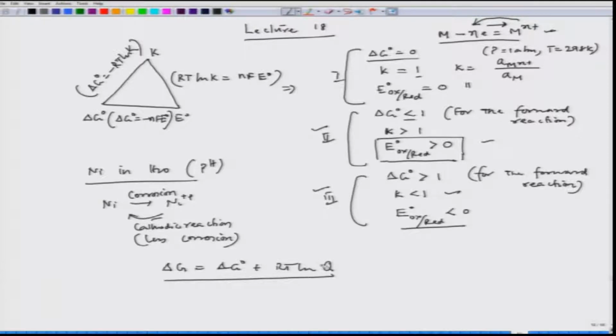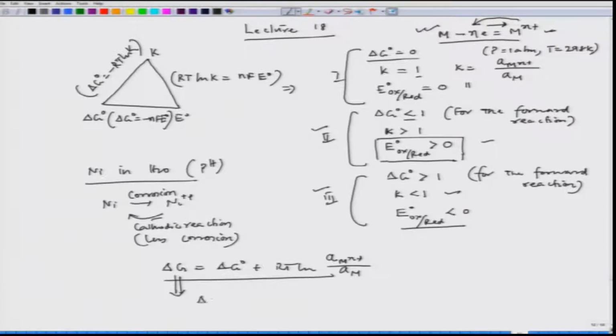So, Q can be written in the form of the activity of N plus over the activity of M. So, we are talking with reference to this reaction. So, there we have a non-standard free energy change, and then we have to consider this value.